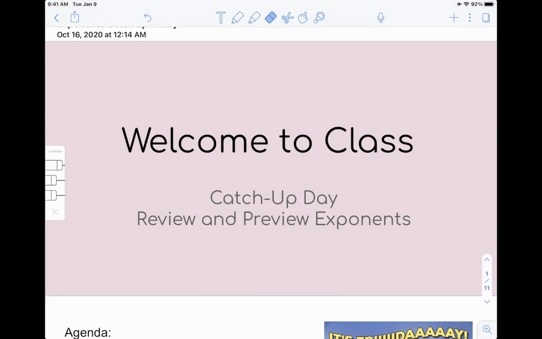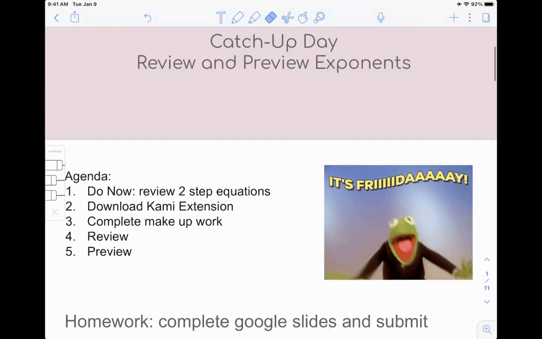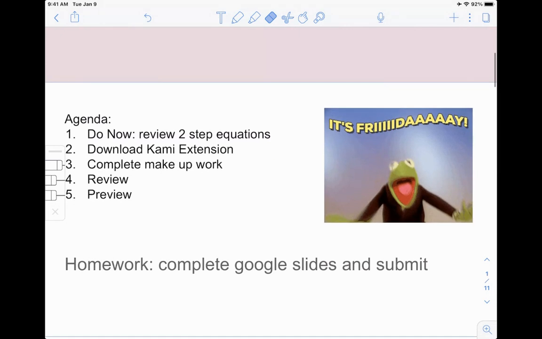Happy Friday. Today is our catch-up day and a review and preview day of the laws of exponents. So our agenda is to please complete the do now, and then we're going to download our Kami extension, please, and complete makeup work.